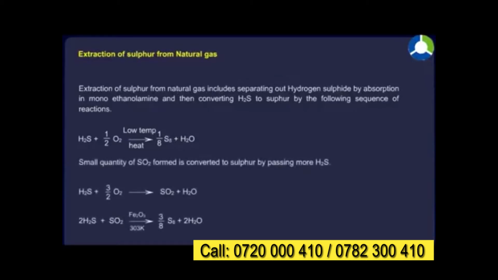A small quantity of SO2 formed is converted to sulfur by passing more H2S. H2S reacts with 3/2 O2 to give SO2 and H2O. 2H2S reacts with SO2 to give 3/8 S8 and 2H2O.